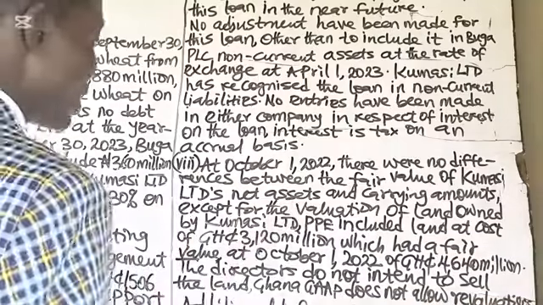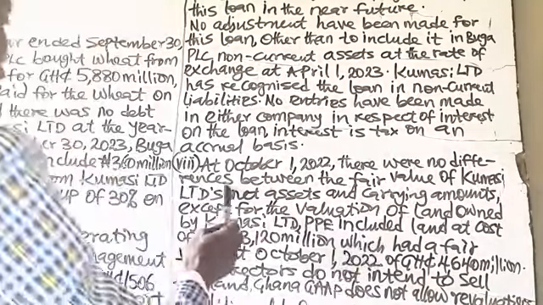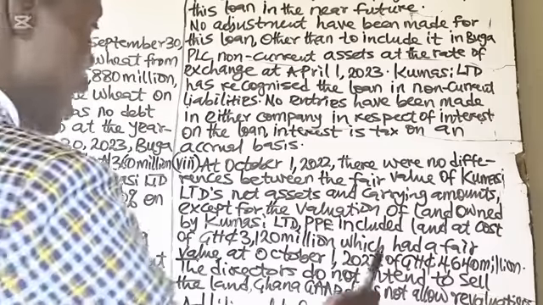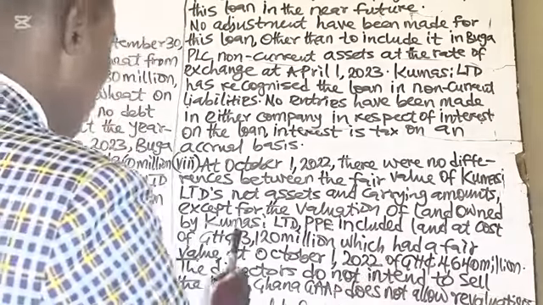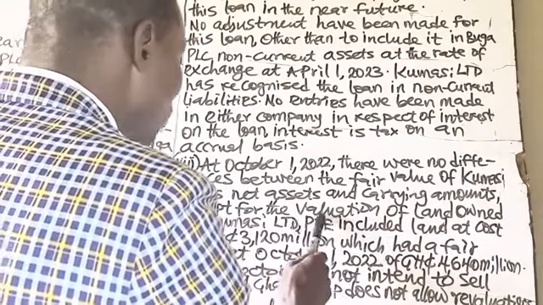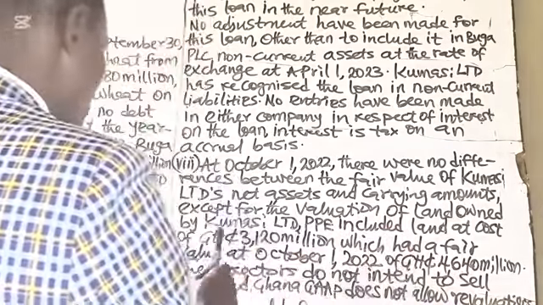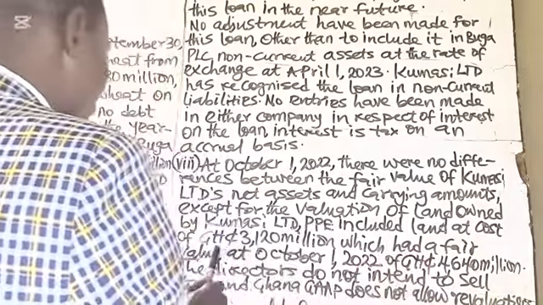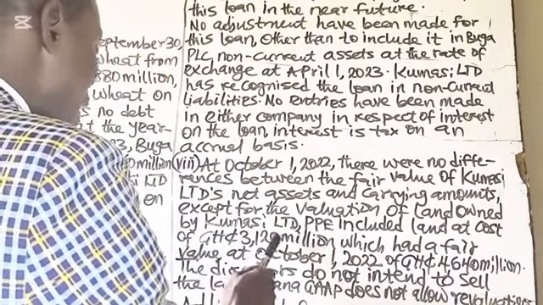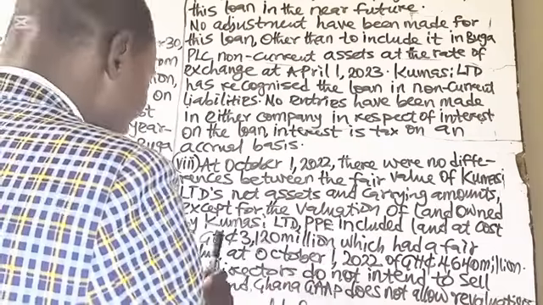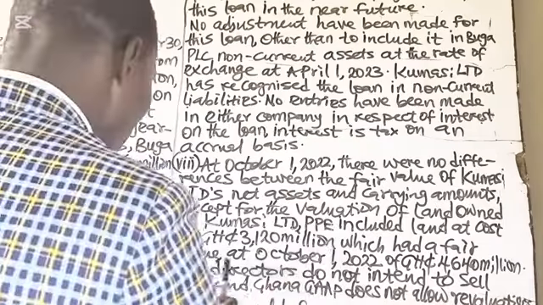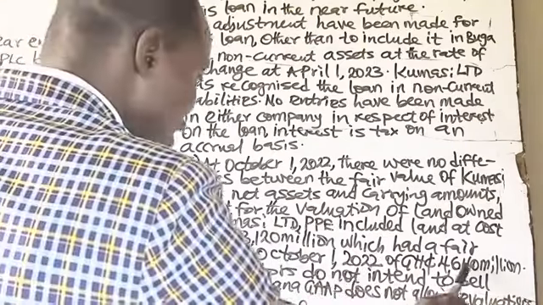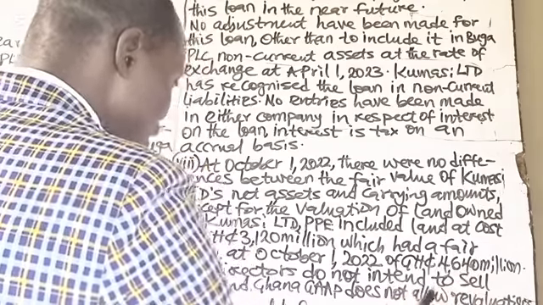Note 8. At October 1st, 2022, there were no differences between the fair value of Kumasi Limited net assets and carrying amounts, except for the valuation of land owned by Kumasi Limited. PP included land at cost of 3.120 billion Ghana cedis, which had a fair value at October 1st, 2022, of 4.64 billion Ghana cedis.